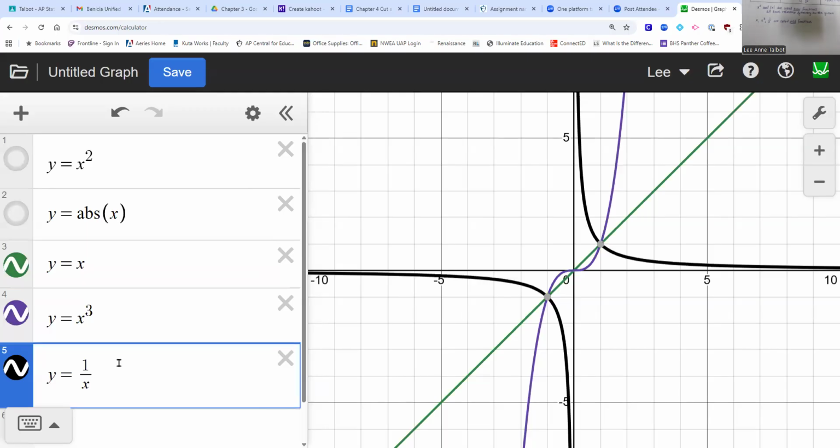Okay, but what do you notice? Okay, what quadrants are they in? Oh yeah, okay. What does that mean if they're in opposite quadrants? Okay, what's another word that goes with reflection that you learned?